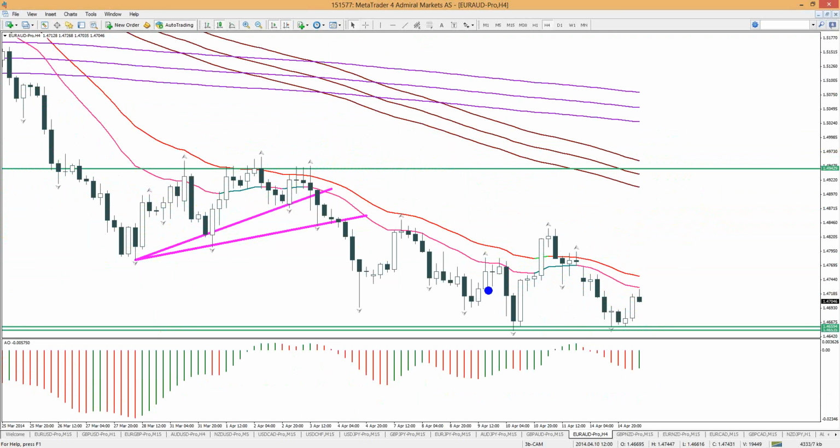Although the short was good, where I shorted it, I was probably too ambitious with the target I had in mind. Because if you look at this, we already had divergence between these bottoms in play. This was actually the second divergence, in a way, between these bottoms.